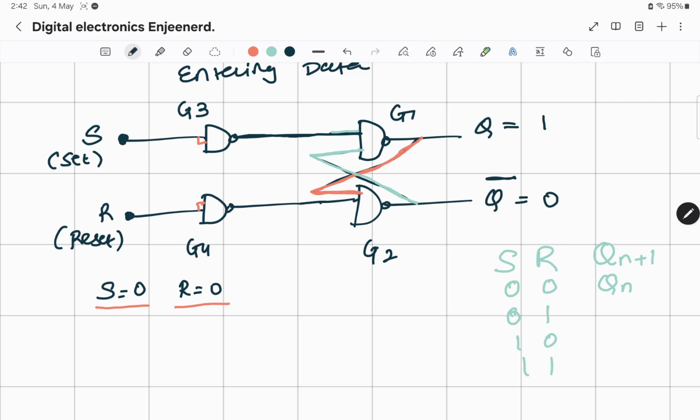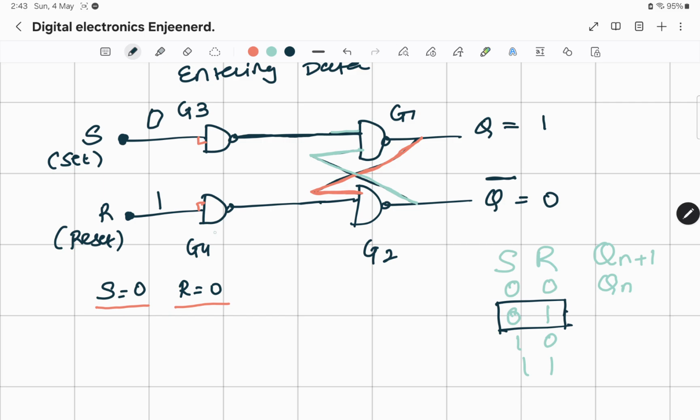There is always some state at which your latch is, so I have 1 and 0. Now we are entering a new input: S is equal to 0 and R is equal to 1. So let me put S equal to 0 here and R equal to 1 here.